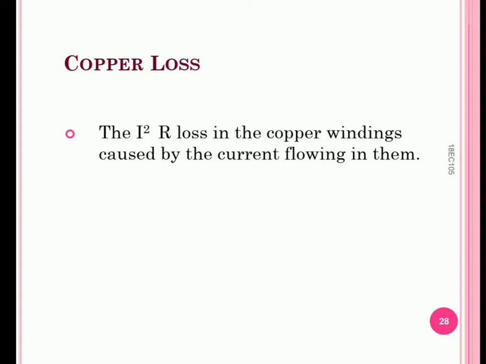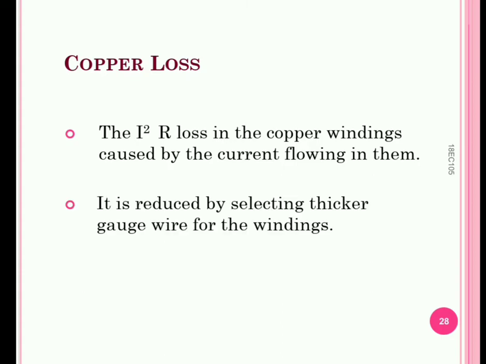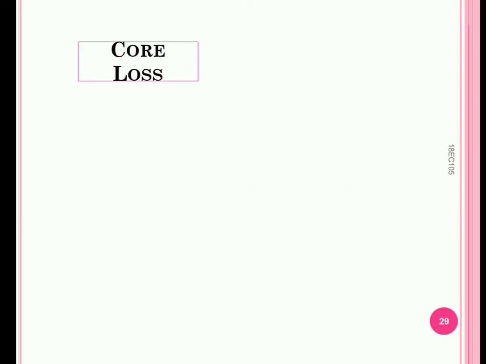These are called copper losses, and they are reduced by selecting a thicker gauge wire for the winding. The gauge means the diameter of the wire is selected to be high, which reduces the resistance of the cable.